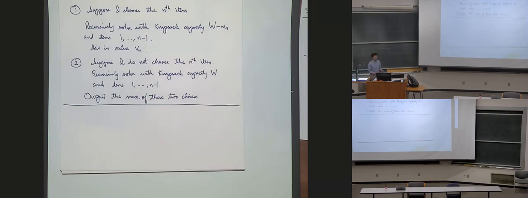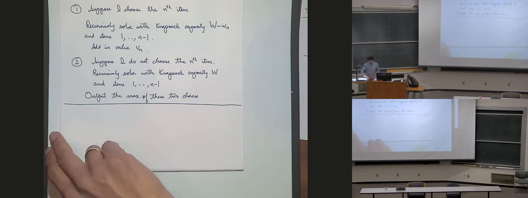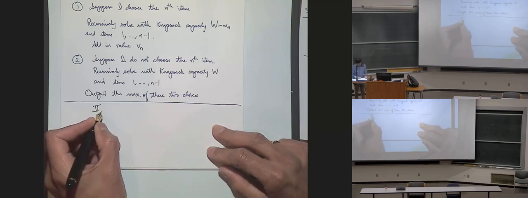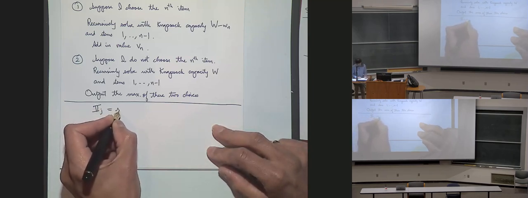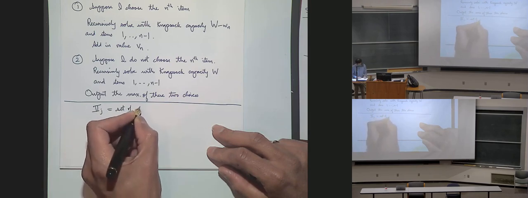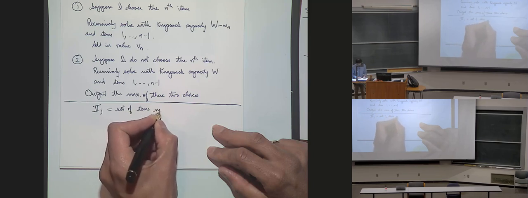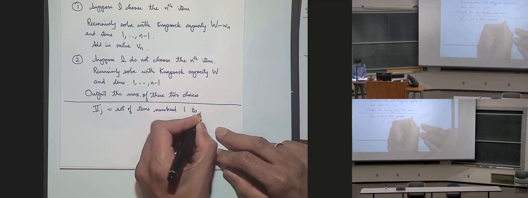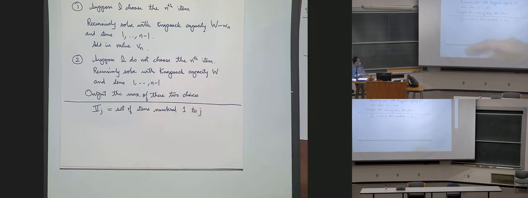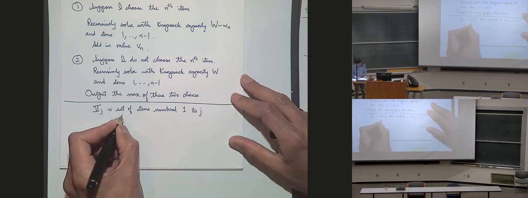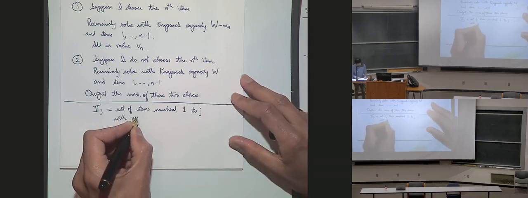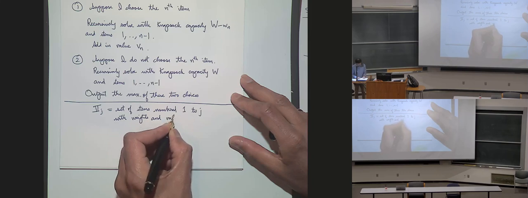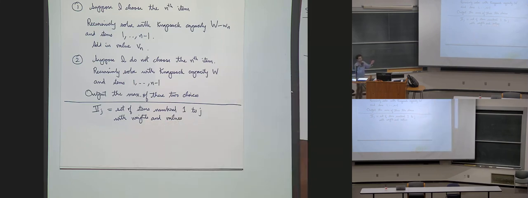Just to give some notation, I'm going to write this down as a formula. I'm going to use this bold I_j to be the set of items numbered 1 to j, with the weights and values, the collection of those two arrays.